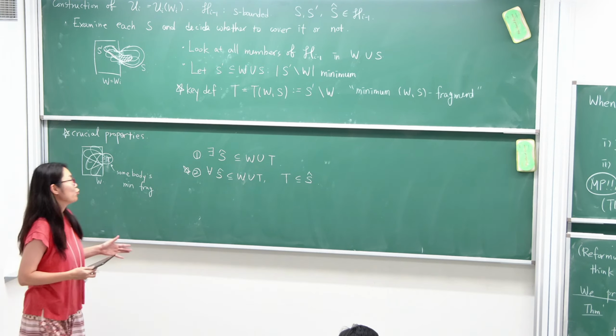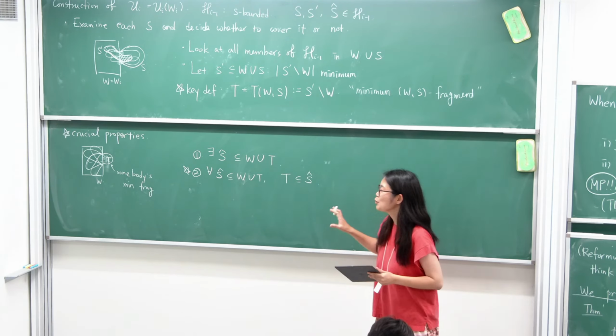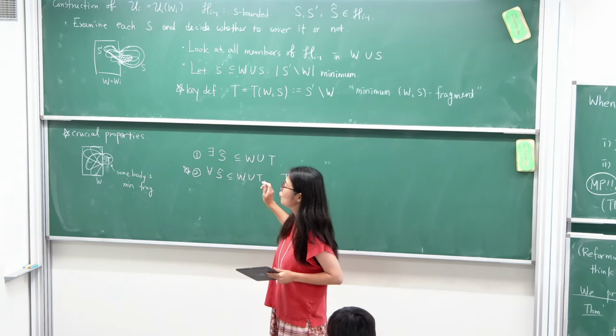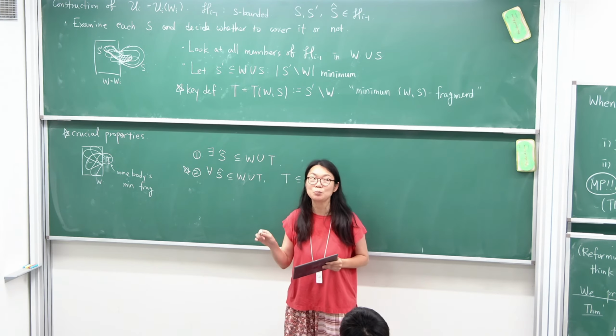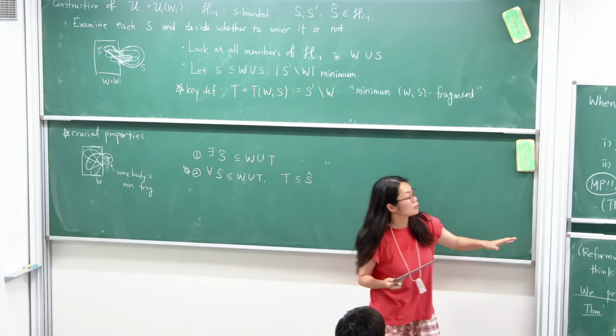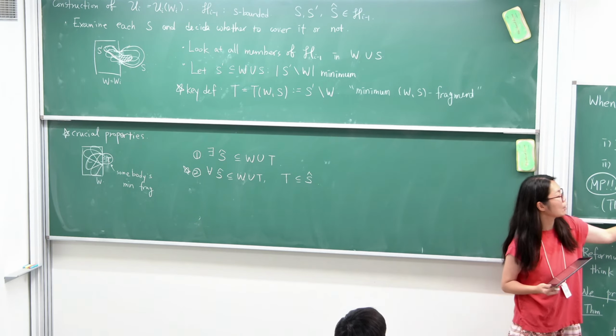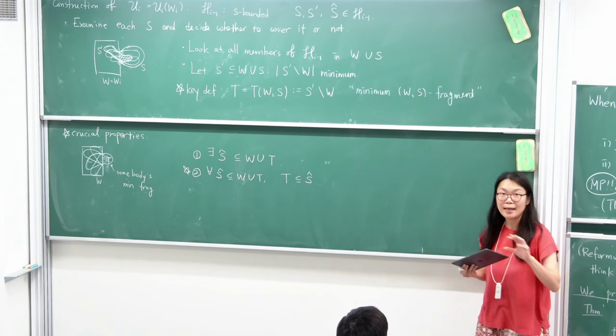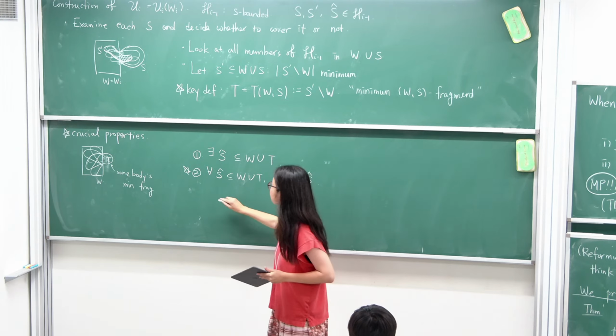And where do we use this? This is a rough picture. Eventually we want a chip cover. This is the main point: we want U to be chip. So we want to find a way to find the chip cover, and for that, this is just a rough idea.